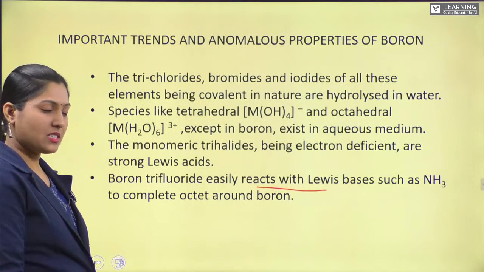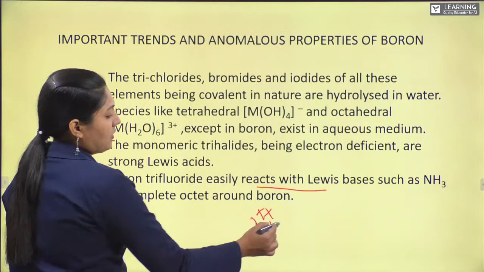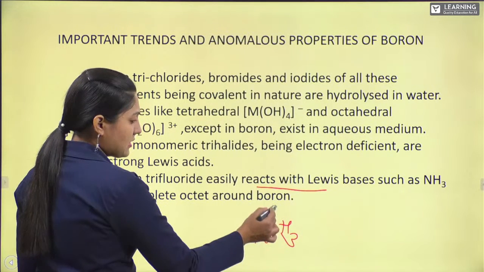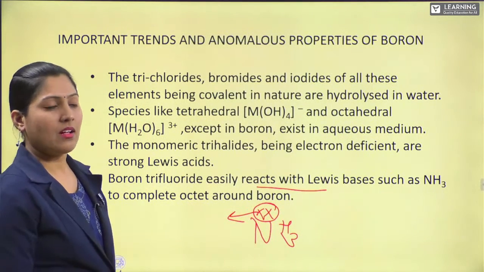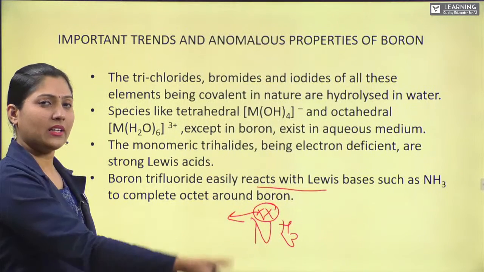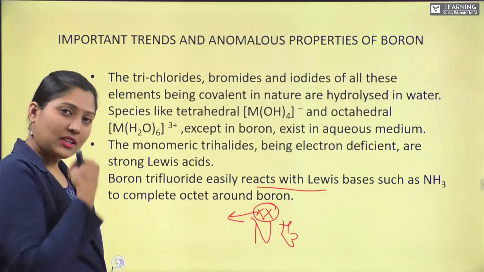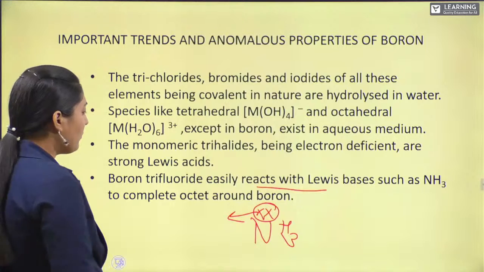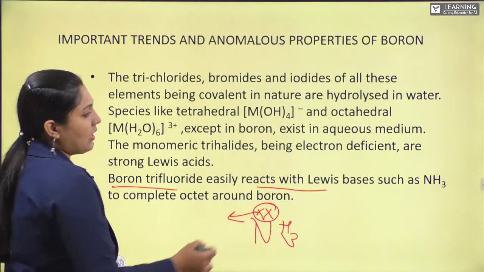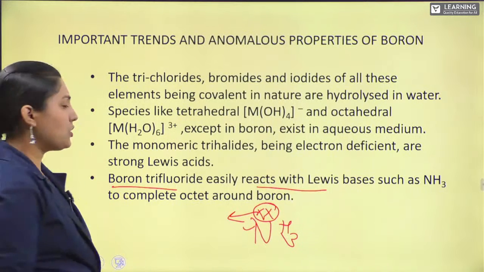Why is it called a Lewis base? Because ammonia has a lone pair, right? In NH3, nitrogen has a lone pair, it can donate the electrons. What is a Lewis base? If the lone pair of electrons can be donated, then it is called a Lewis base. If I am attracting the lone pair of electrons, then I am called a Lewis acid. So nitrogen has a lone pair and it can easily donate it to the boron.